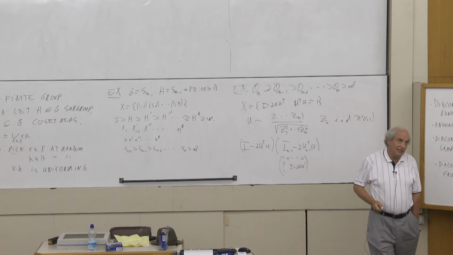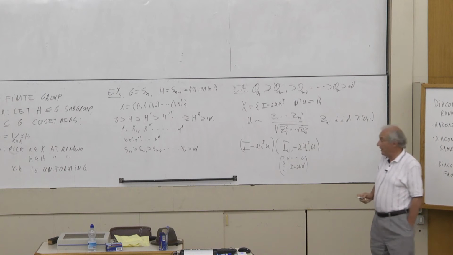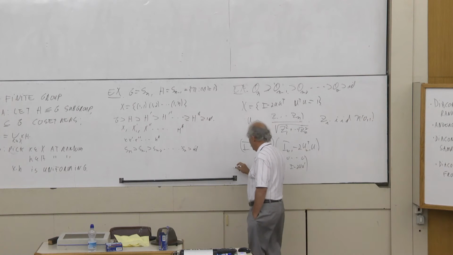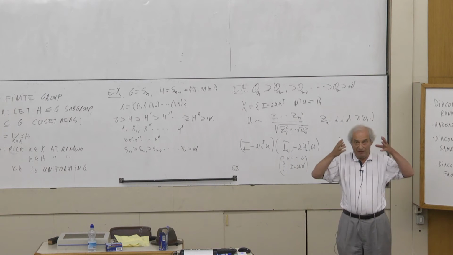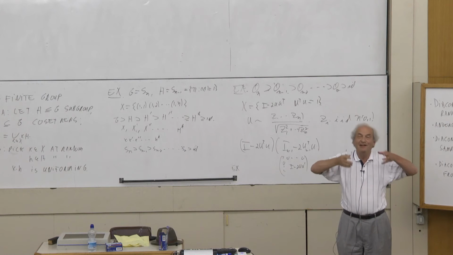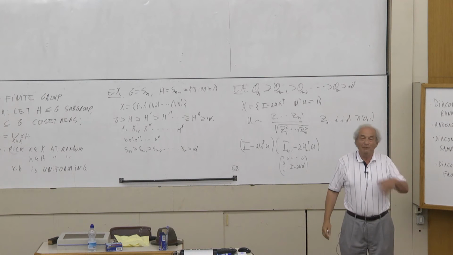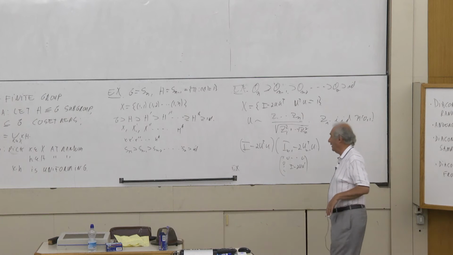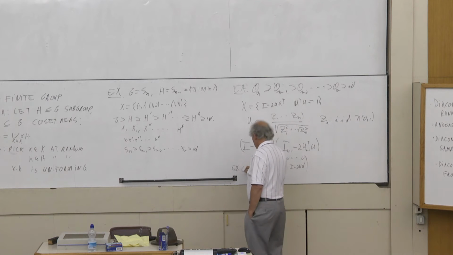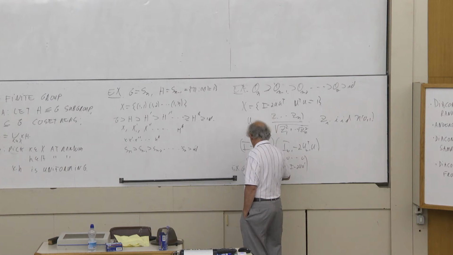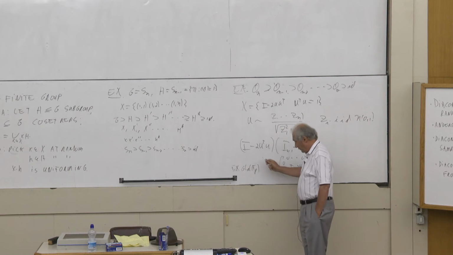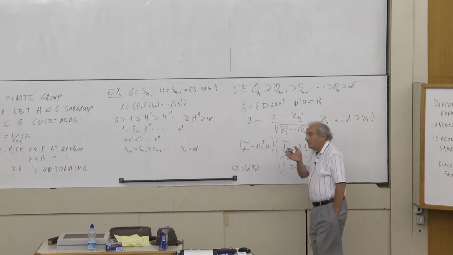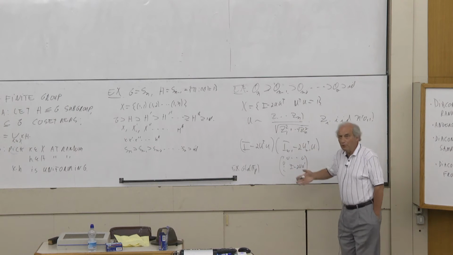So those are two examples. If you want to think about something, take GL_n over a finite field. I won't do it particularly here, but suppose, as I had to in a cryptographic application, I needed a source of a lot of random invertible matrices. If you take GL_n(F_q), take F_p or F_2, for example, those are n by n matrices. You have to think about what chain of subgroups to take.